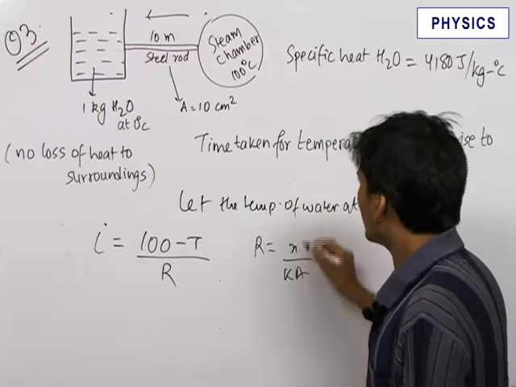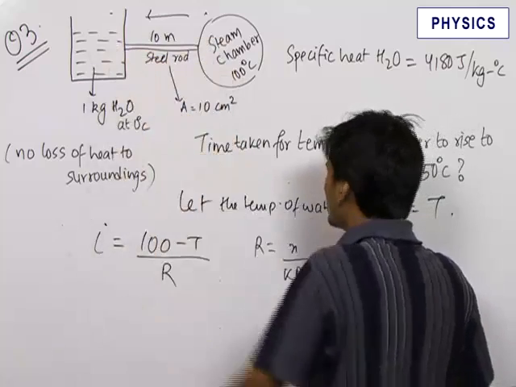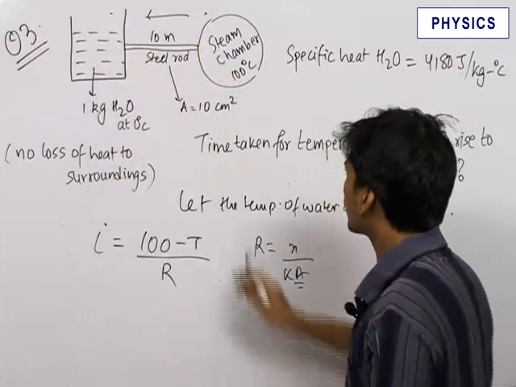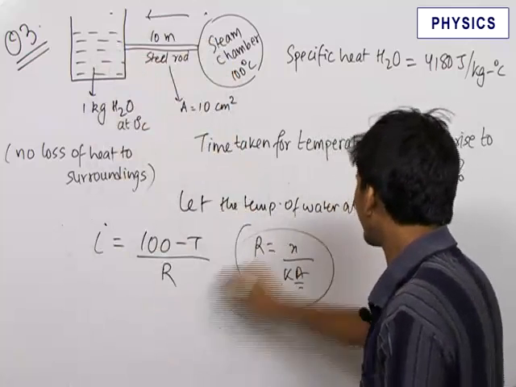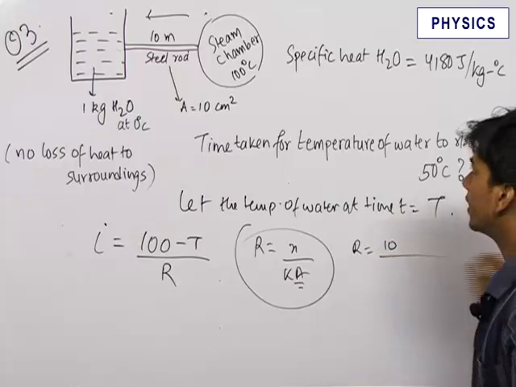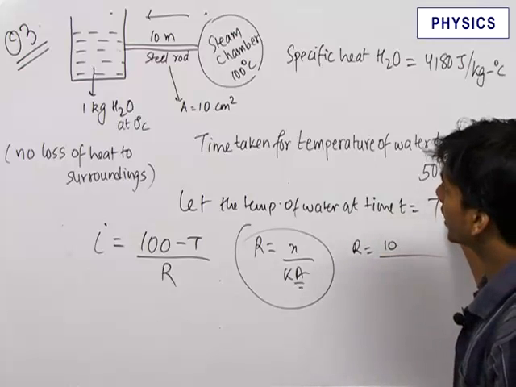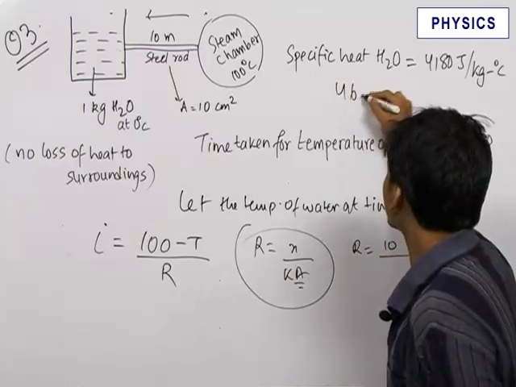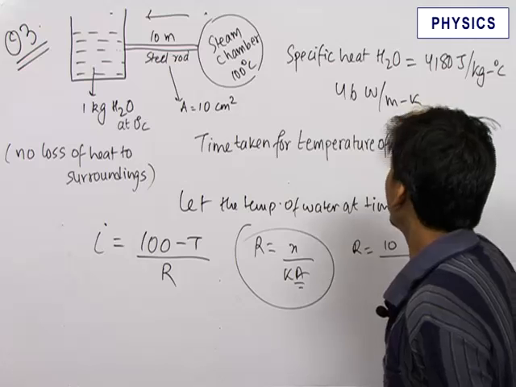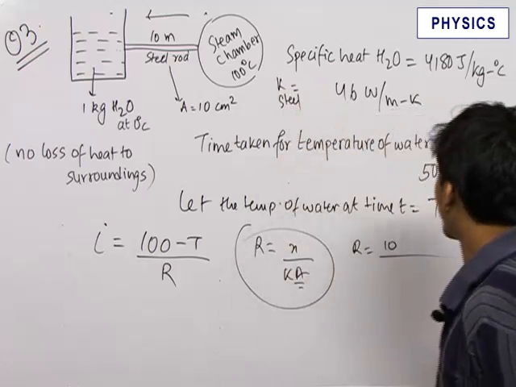Now since the X is fixed, that is the length which is along the direction of the current, this area of cross section is also constant, therefore we can directly calculate R. This comes out to be equal to 10 into 10 upon K, the thermal conductivity. The thermal conductivity of the steel rod is 46 W per mK, forgot to mention it, K steel is equal to this much.